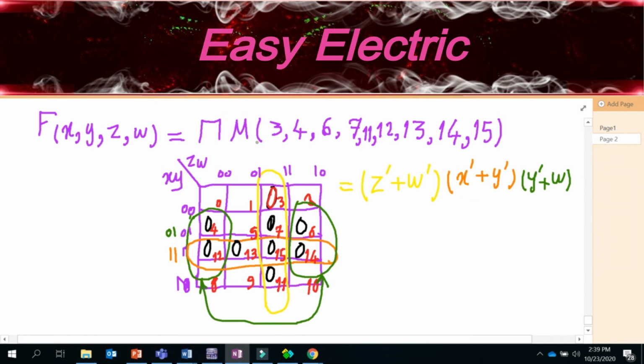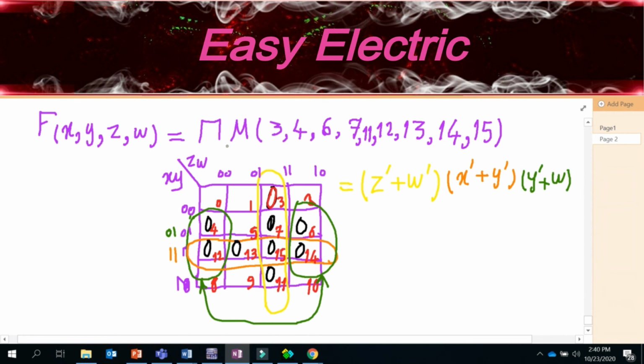Whenever the function is in the form of a sigma of minterms, the simplest form that you will get from the K-map will be in the form of a sum of products. This is what you need to be careful about whenever the function is in the form of a product of max terms.